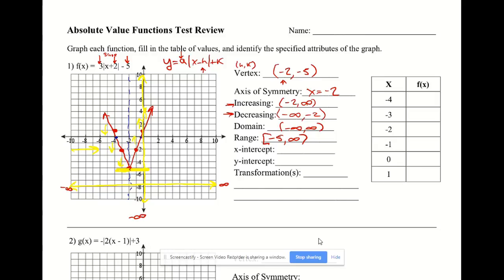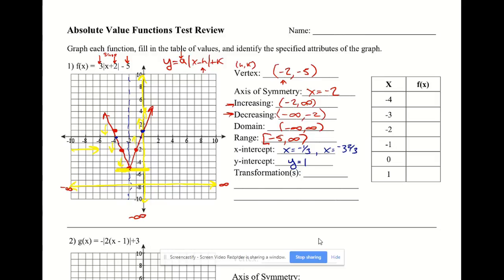Or we can use our slope to our advantage and recognize that since we're going over 1, up 3, this is 1/3, this is 2/3. So we have one x-intercept at negative 1 and 2/3, and another at x equals negative 3 and 1/3. Our y-intercept is just right here at y equals 1.